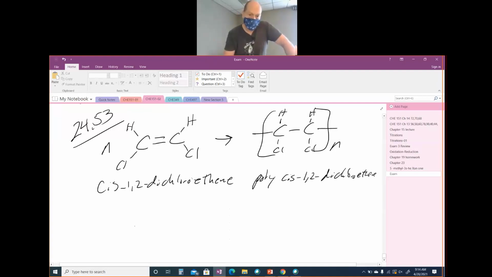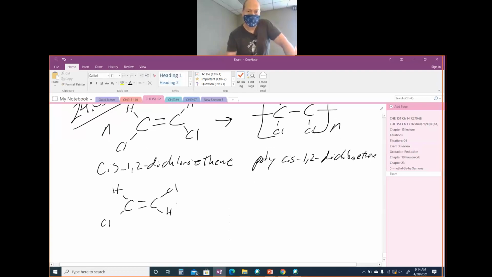All right, if they wanted to have the problem done correctly because they said trans, maybe they should write trans. So this would be the trans 1,2-dichloroethene.